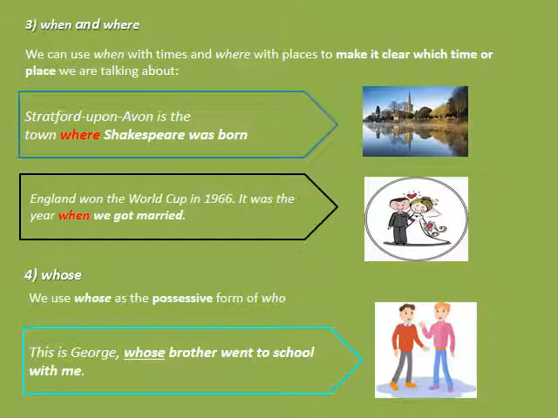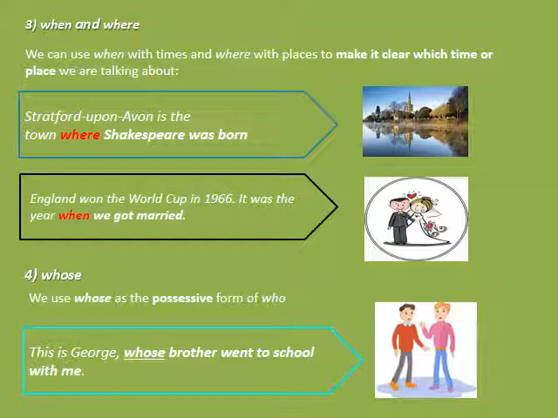Now I am going to talk about when and where, the use of these relative pronouns. When is used to express time, and where refers to a place. You can see two sentences. First, Stratford-upon-Avon is the town where Shakespeare was born.